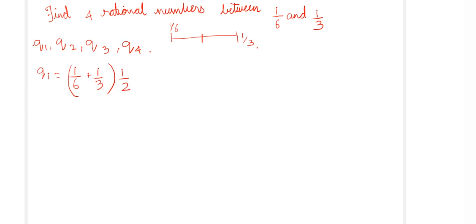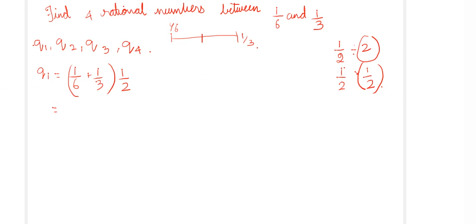The reason I write it as 1 by 2 is that in fractions, dividing by 2 is the same as multiplying by 1 by 2, since we flip the number after the division symbol. So instead of writing divided by 2, I am writing into 1 by 2.